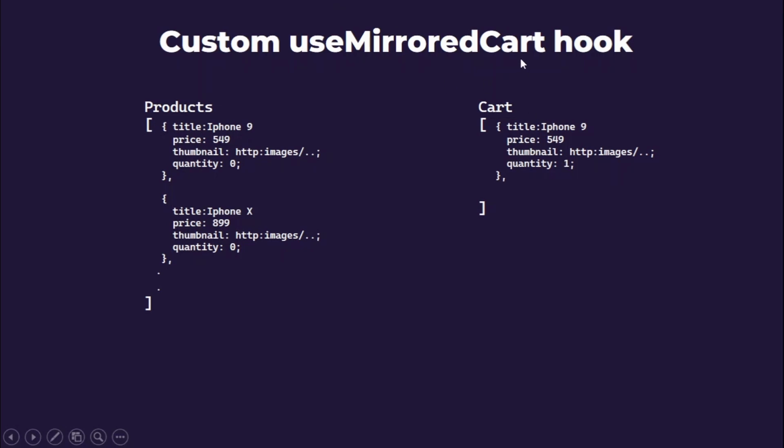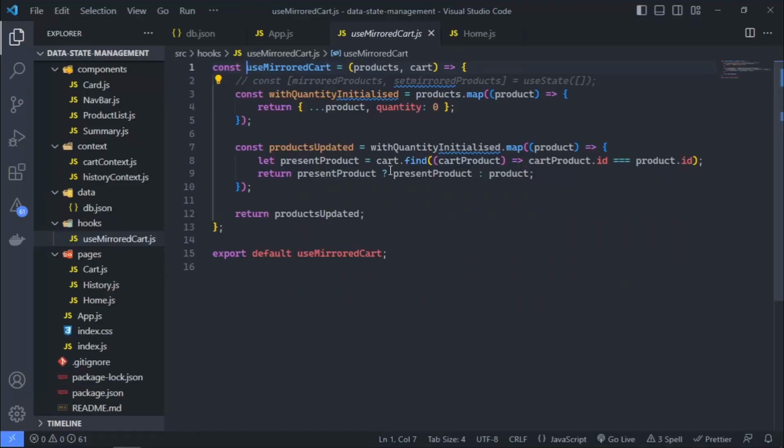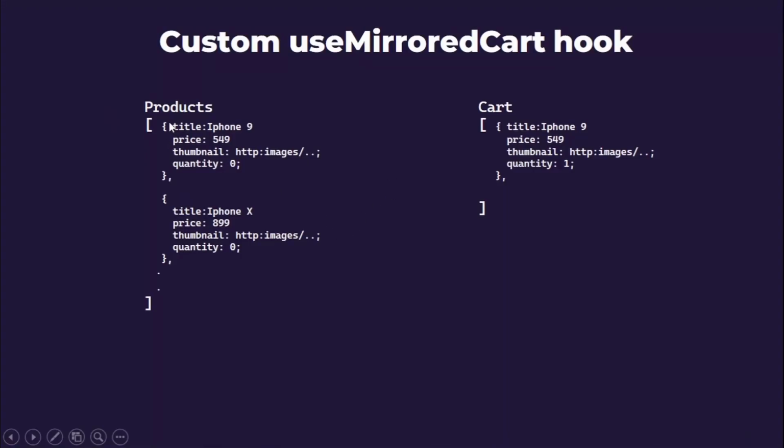So what this useMirroredCart hook does is it takes in this cart and products as we see here, iterates through the different products in our products array, and checks if the product is present in our cart. If the product is present in the cart, it swaps the product object here with that of the cart.